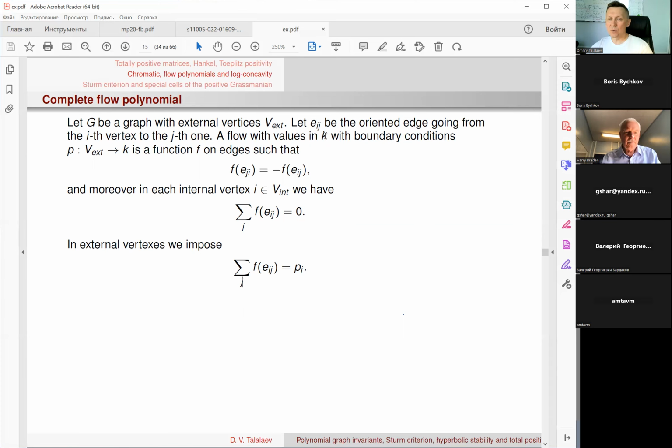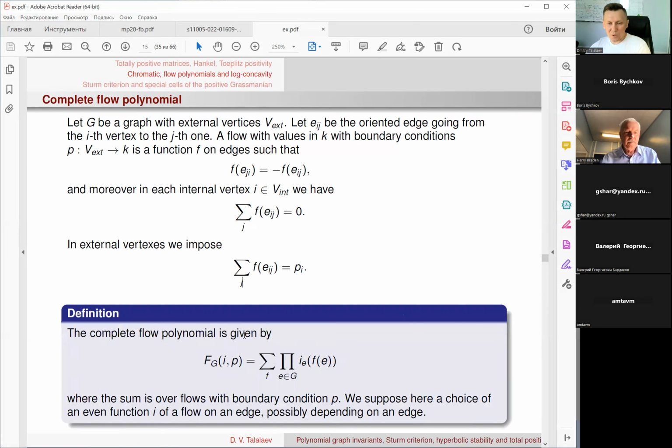A flow with values in K, in some field, with boundary condition is a function f on edges with the same property. At each internal vertex, we impose the Kirchhoff rule, and in external vertices, we allow some sources.